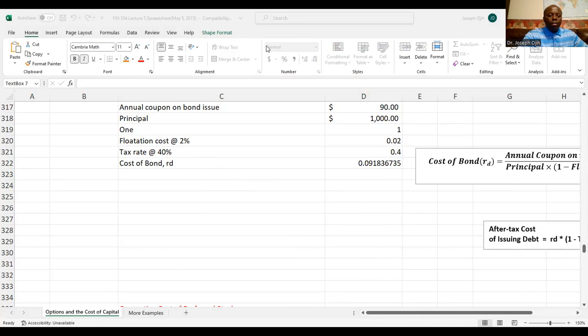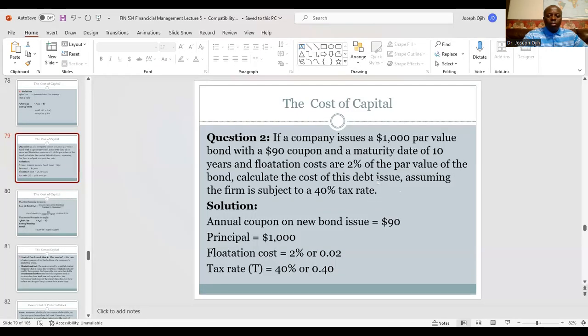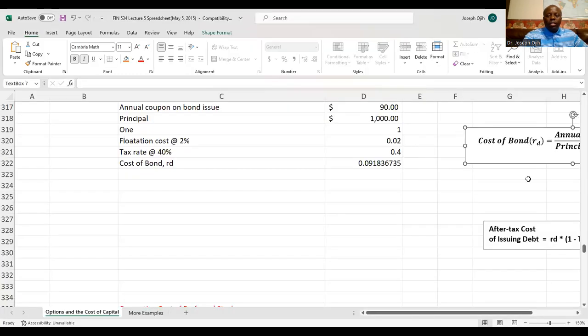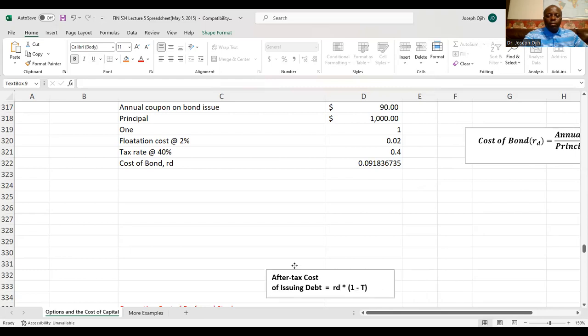Let me see. The question says calculate the cost of this debt issue, assuming that the firm is subject to a 40% tax. So the pre-tax cost of this bond is what we have so far. So let's calculate the after tax. For that, we're going to need this formula here.